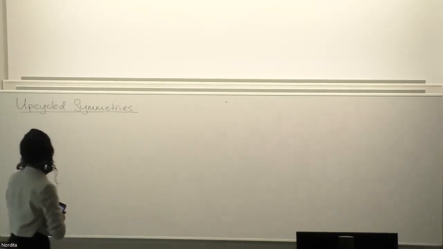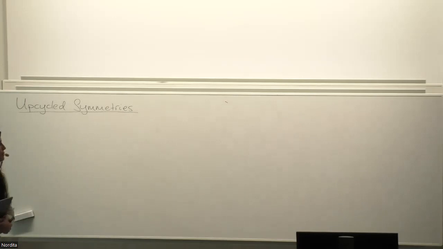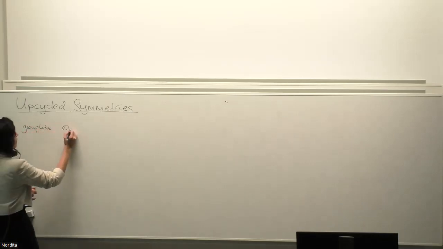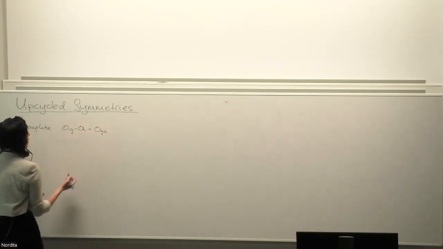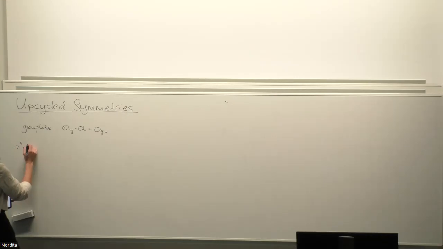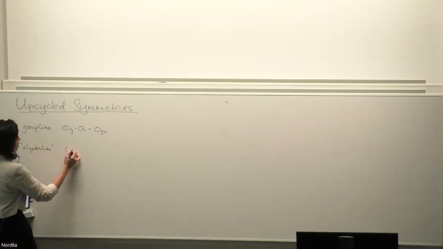We've already heard quite a bit this week about non-invertible symmetries. As a reminder, these are ones which, instead of composing in a group-like way, where OG after OH is the same as O of G after H, instead have a kind of algebra-like composition.